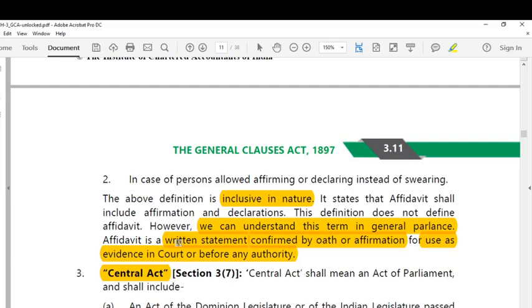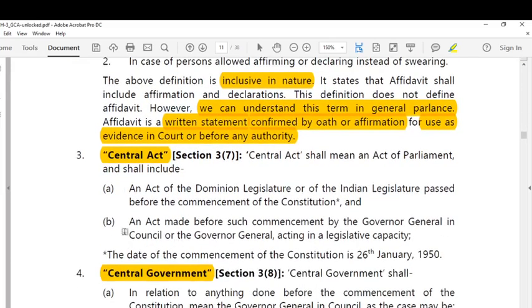Students, you understand? So the next definition is central act. It means an act of parliament.